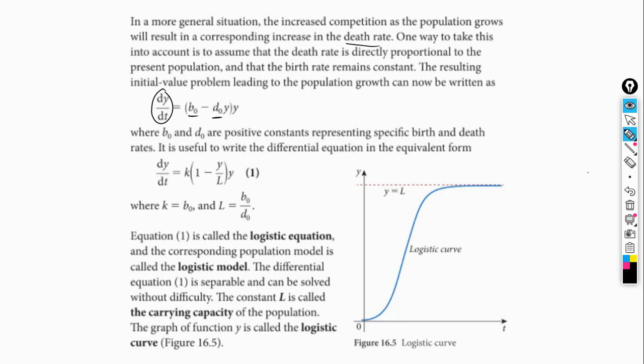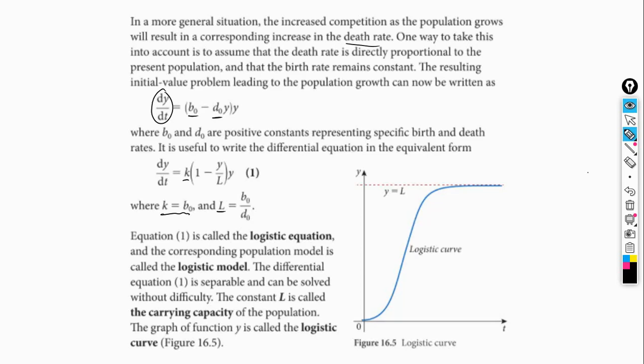It is useful to write the differential equation in the equivalent form dy/dt is equal to k times (1 minus y over L) times y, where k is equal to b sub 0 and L is equal to b sub 0 over d sub 0.